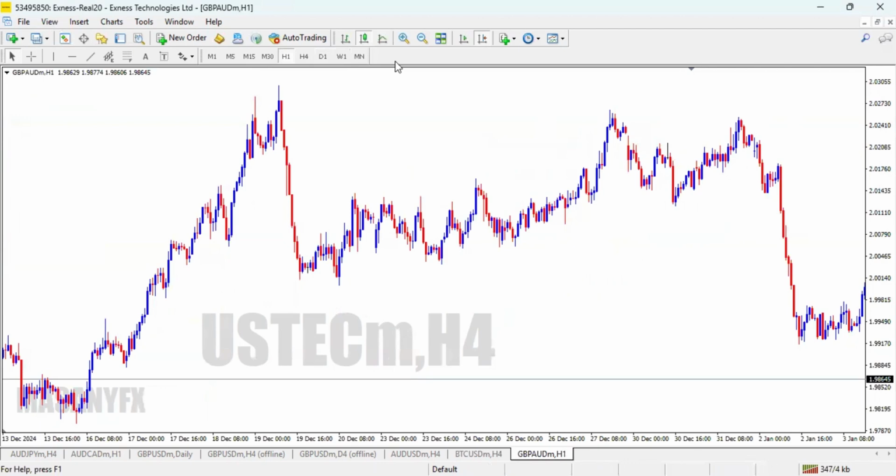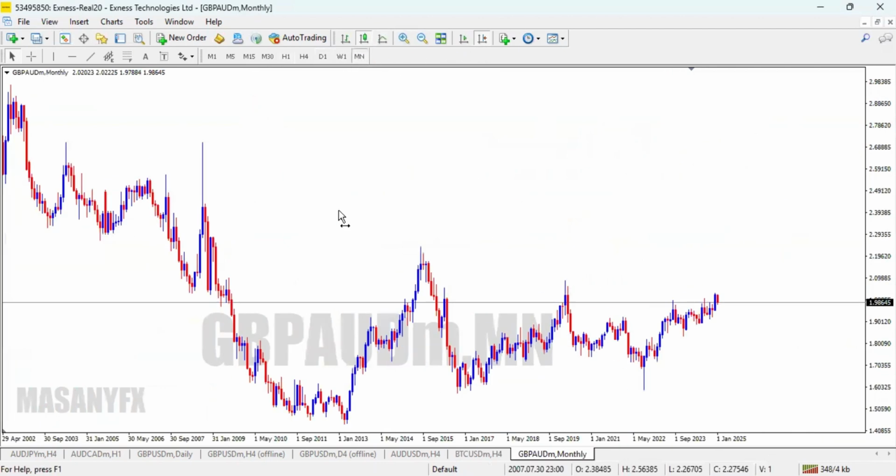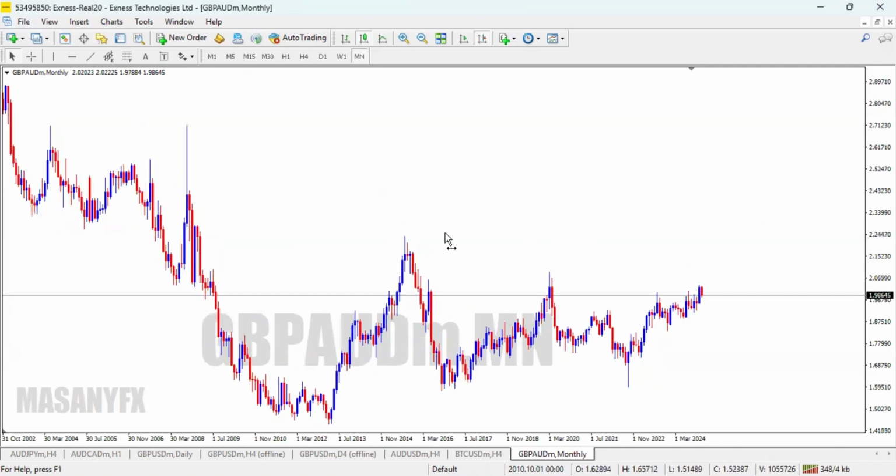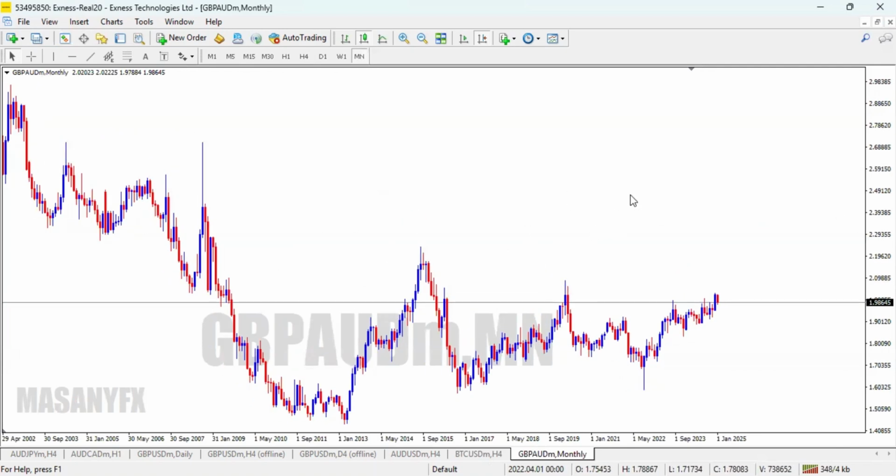Now we have GBP AUD on the monthly time frame. What is this pair doing? Okay, from here to here it was selling.